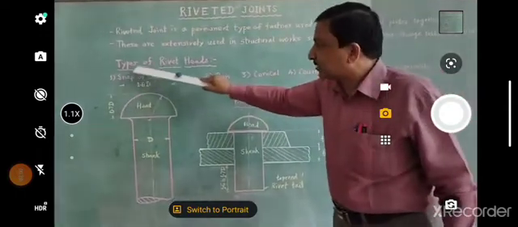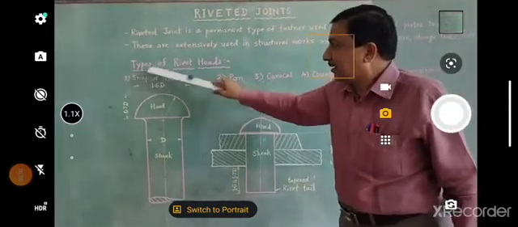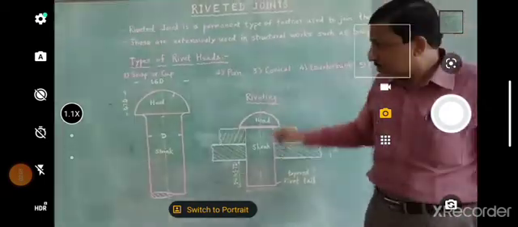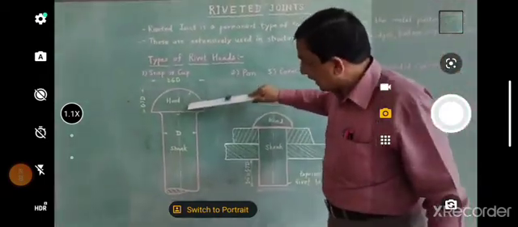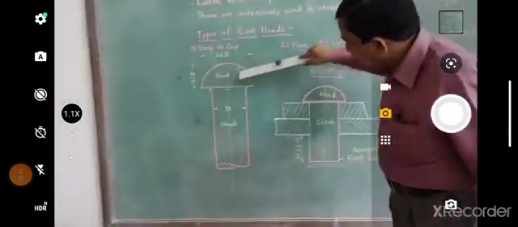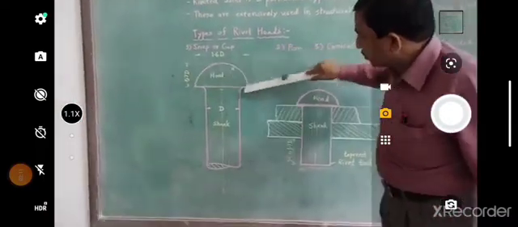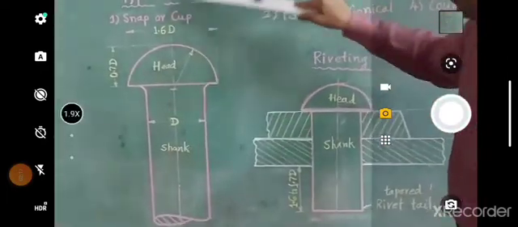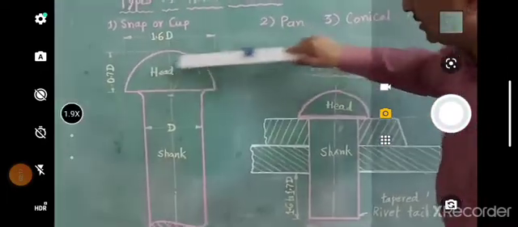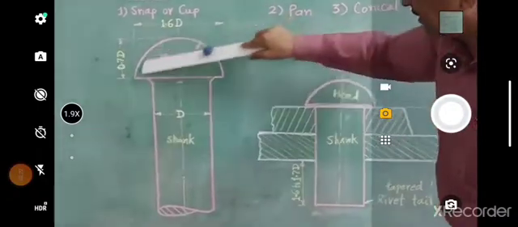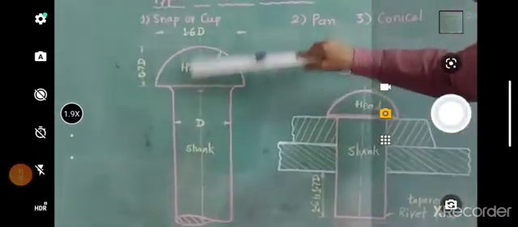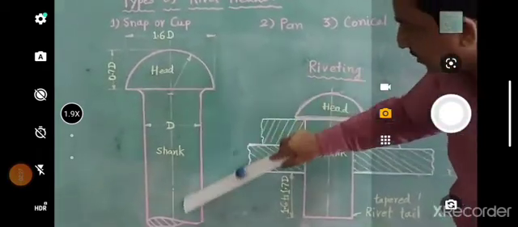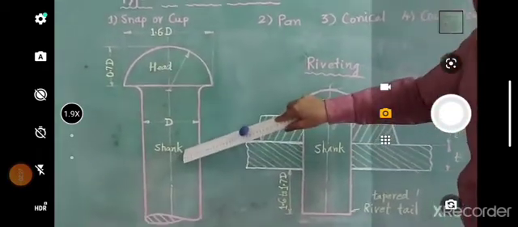Now I am going to explain the snap or cup head, as shown in this diagram. This portion looks like a cup, that is why it is termed a cup head rivet. This cup-shaped portion is the head of the rivet. Then this portion is called the shank of the rivet.